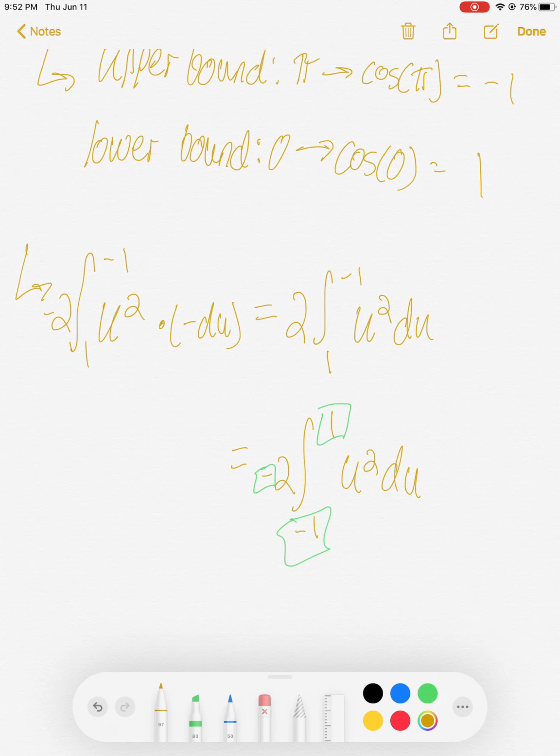I'm going to skip a step here and take us to the step where everything until there is going to be the same. So this becomes -2 times u cubed over 3 evaluated from x equals 0 to x equals pi.